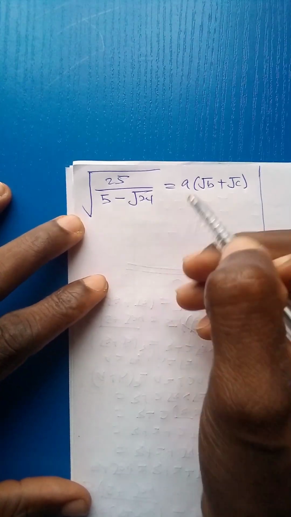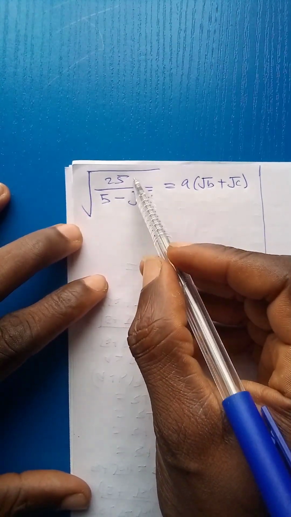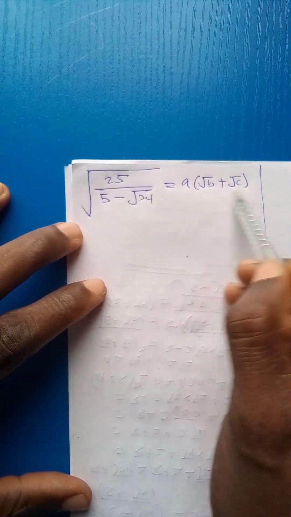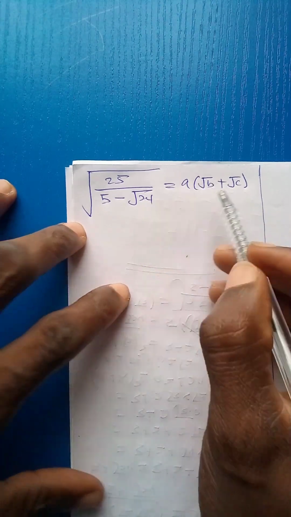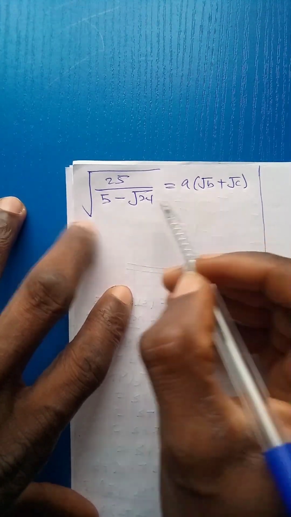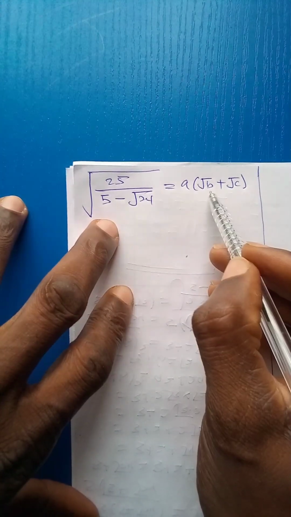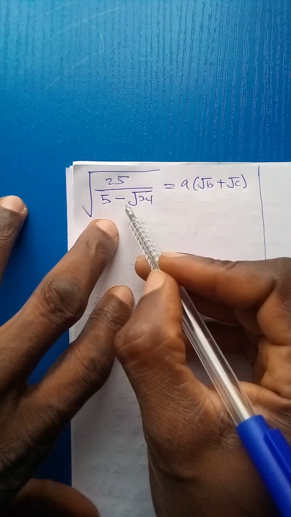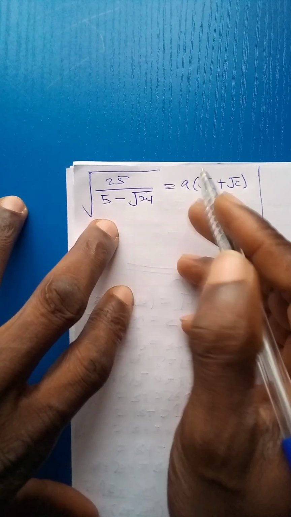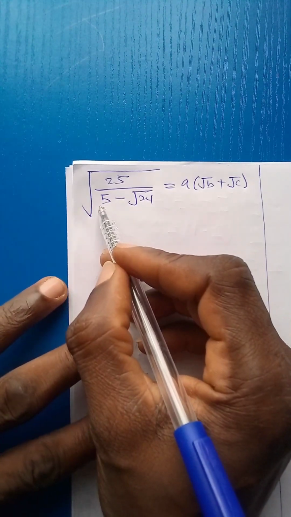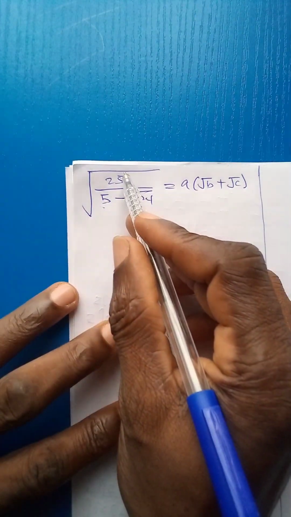Now for the second method, I'm equating the surd expression to some constant. Let's remember this constant is derived by multiplying this by the conjugate of the denominator. So this here is plus since we have minus here. Now I'm going to square both sides to cancel these square roots.